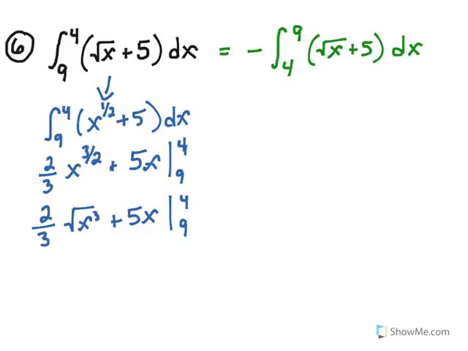So now we plug in the 4 first, because it's the upper bound, even though we know they're in the wrong order. We get 2/3 square root of 4 cubed, which is 64, and then plus 5 times 4. I should have just written plus 20 there.